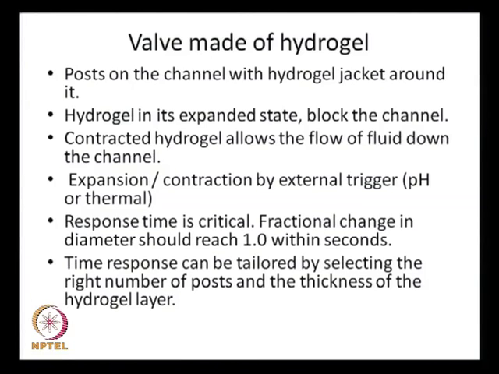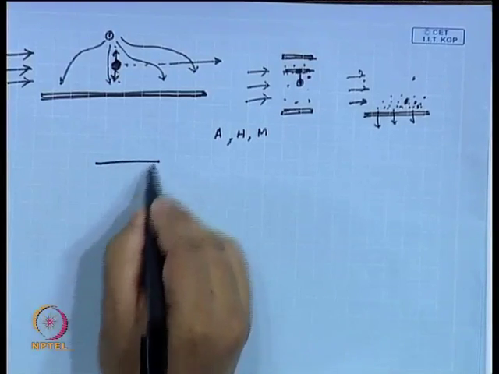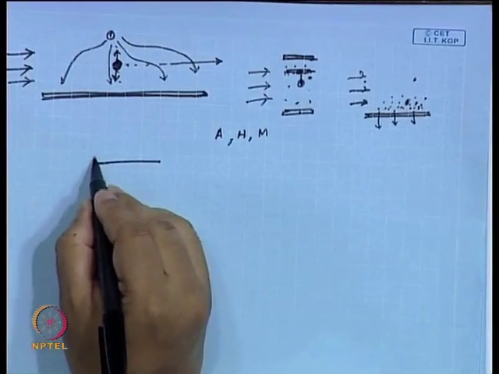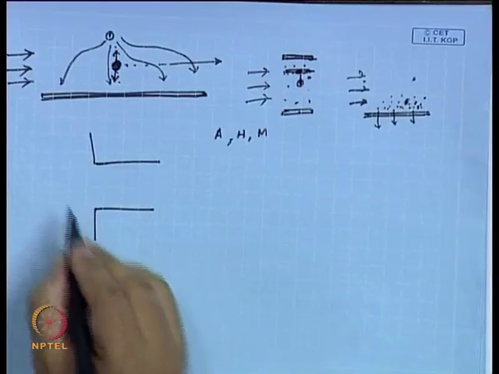So, these are some of the things you can accomplish in micro scale, but it may not be very easy, and we should be looking out for other alternatives that are available in micro scale, and that alternative is this valve made of hydrogel. What you have here is, suppose you have a channel like this. Okay.